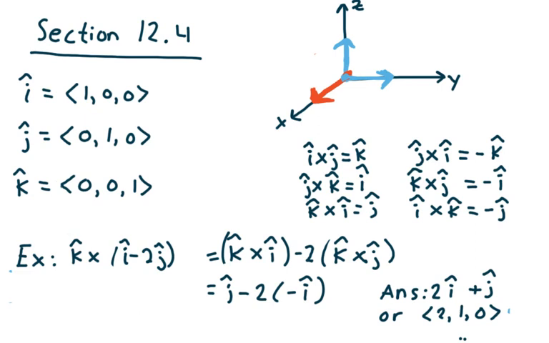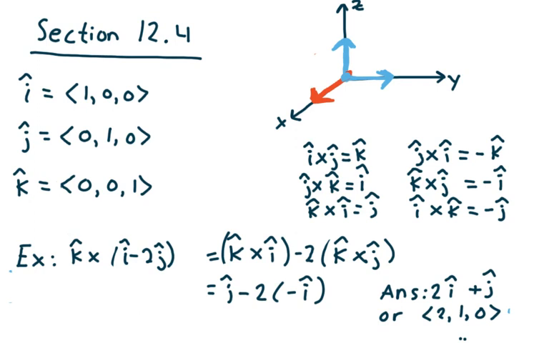And to get k, we're going to start at the origin and we're going to move one unit up along the z-axis in the positive direction. So positive direction for the y-axis and positive direction for the z-axis. And that gives you a visual representation of i, j, and k.